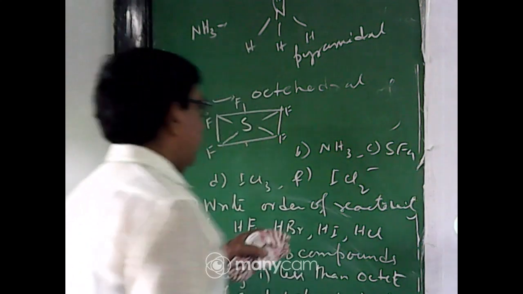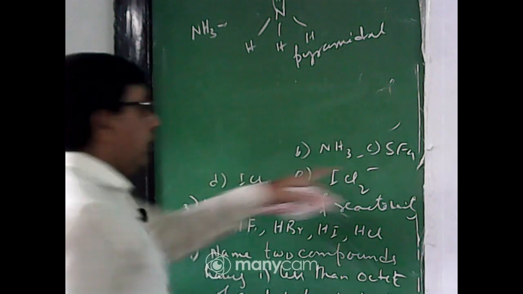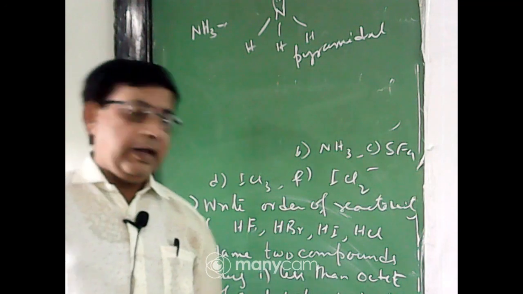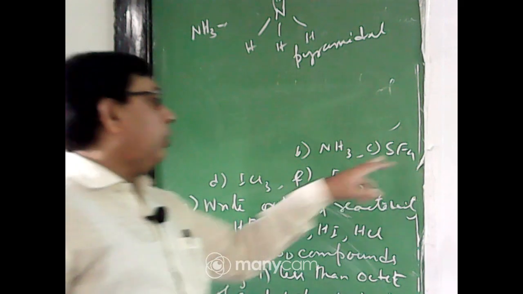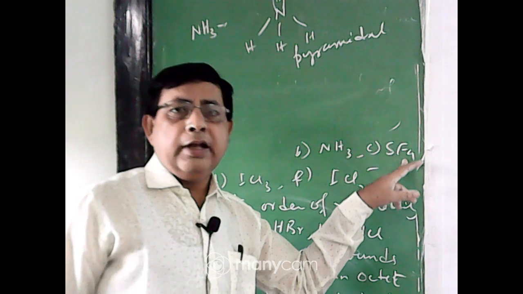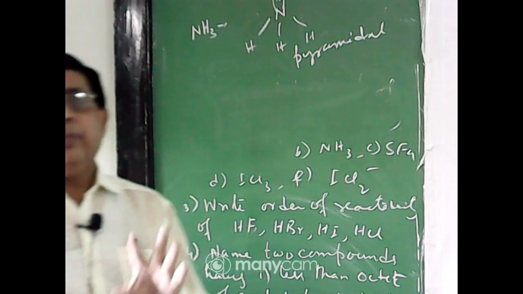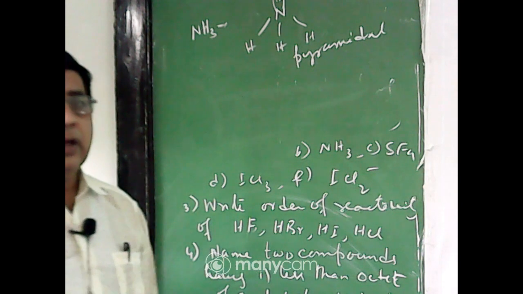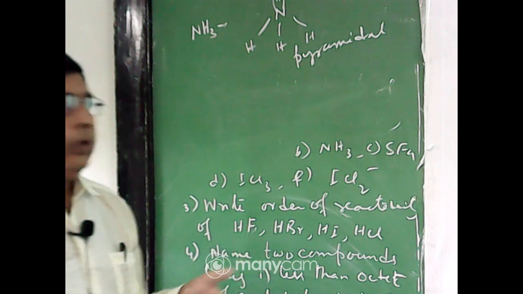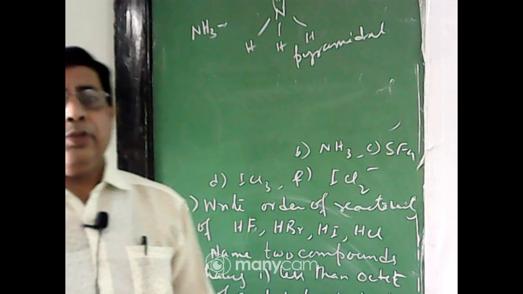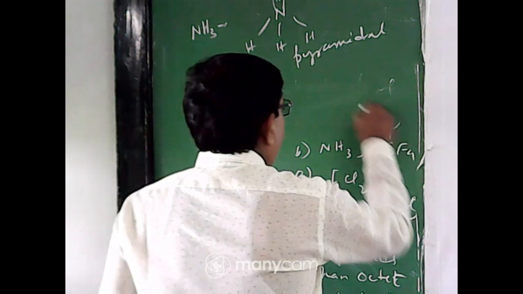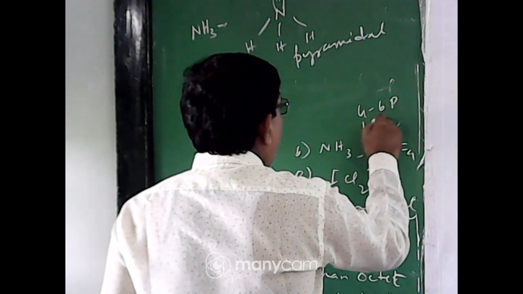Now next, SF4. SF4, sulfur has 6 valence electrons. 4 valence electrons form 4 covalent bonds with fluorine atoms. So there are 4 bond pairs and 1 lone pair. So around the central atom there are 5 electron pairs, but all are not bond pairs. Here the 4 bond pairs and 1 lone pair.